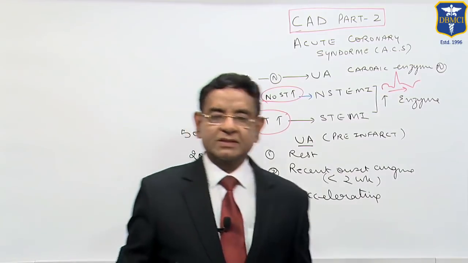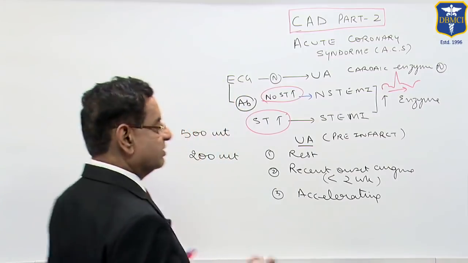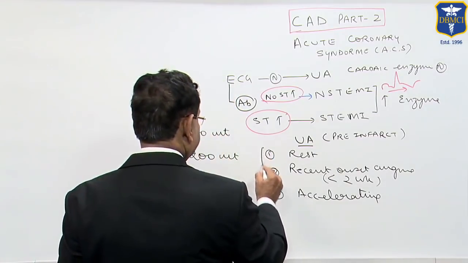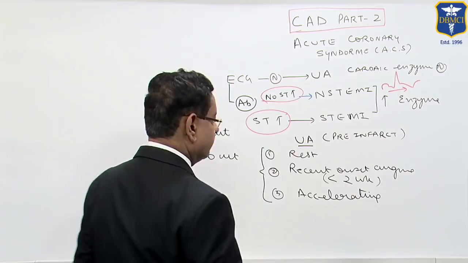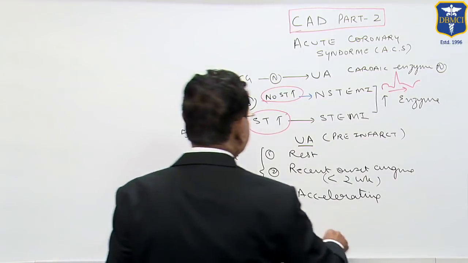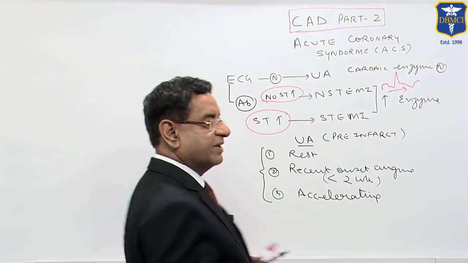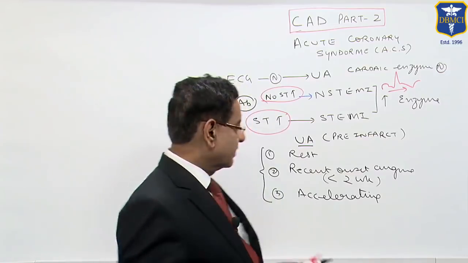That means he is having accelerating angina. So these are the criteria of unstable angina. And as I told you, in the ECG we usually don't get any ST elevation.